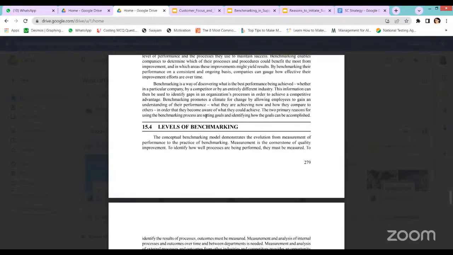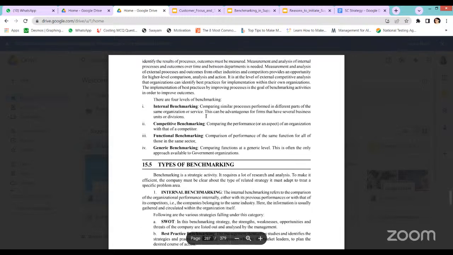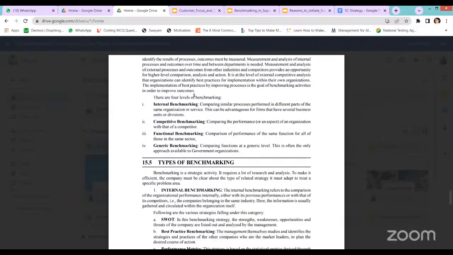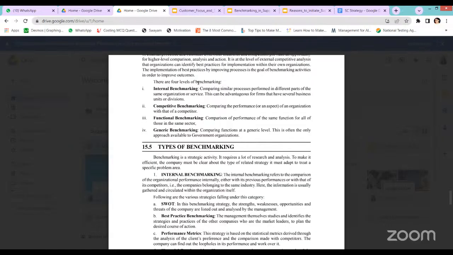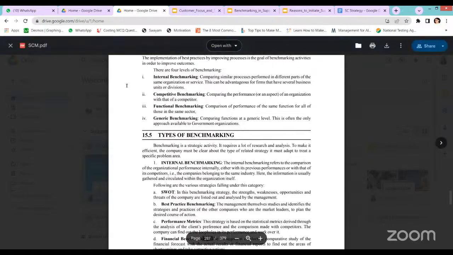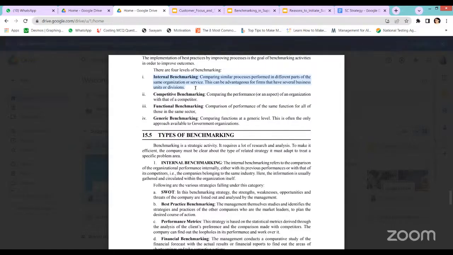Next, levels of benchmarking. Benchmarking may be of four levels: internal benchmarking, competitive benchmarking, functional benchmarking, and generic benchmarking. First, the internal level, that is within the organization, comparing your own processes across different departments or activities. Competitive benchmarking is comparing your performance with a competitor in a similar industry.